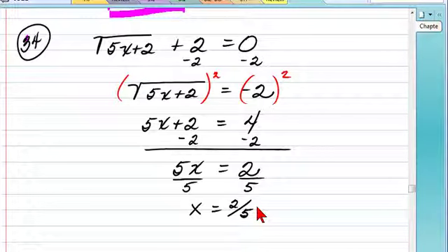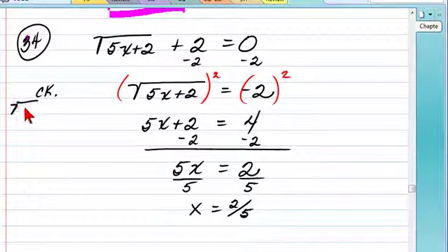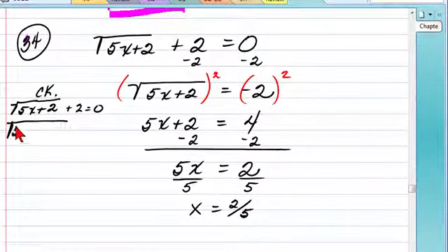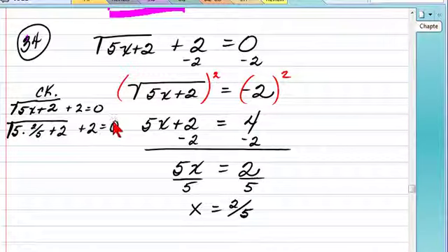Okay, we need to check it. It won't be a hard check just because it's a fraction. I have the square root of 5x plus 2, plus a 2, equals 0. So that's the square root of 5 times 2/5 plus 2, plus a 2 on the outside, equals 0. What happens right here when you have 5, which is really a 5 over 1, times 2 over 5?